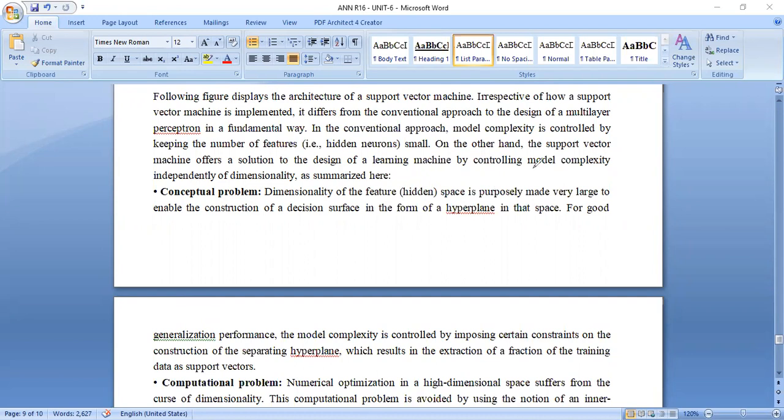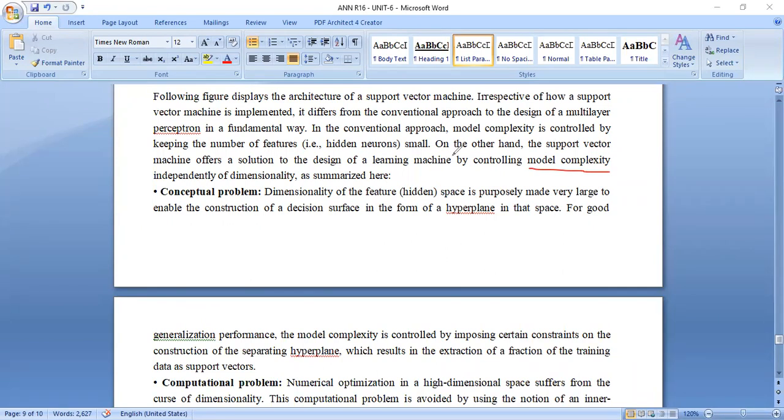Those are model complexity, and how to overcome this model complexity. In the conventional approach, model complexity is controlled by keeping the number of features small, but now we are using a new method.